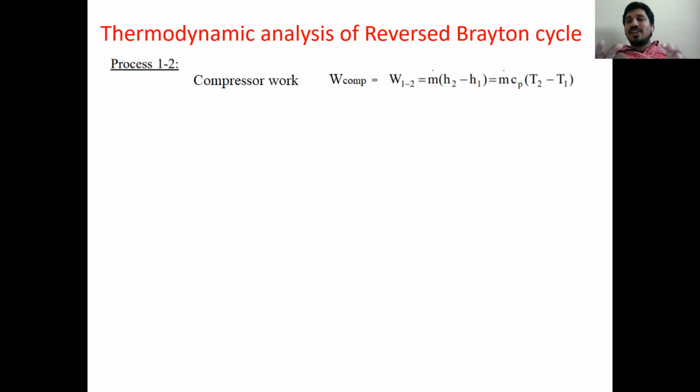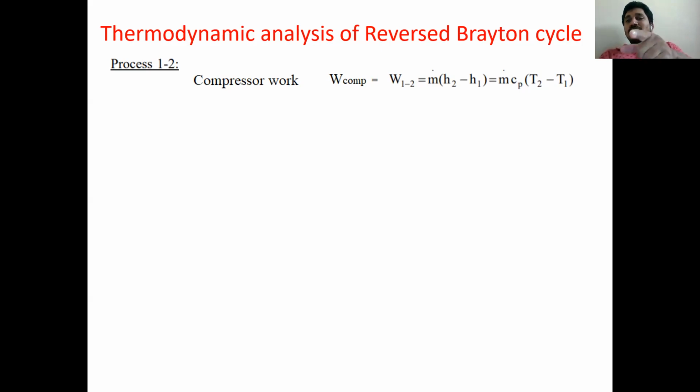So no need to write m1, m2, m3, m4, because throughout the system the mass flow rate of working fluid is constant. That's why I took m here, the mass flow rate of working fluid. h2 minus h1, specific enthalpy after compression minus specific enthalpy before compression. Energy level changes. After compression, the energy level increases due to high pressure. That's why h2 minus h1 we took here.